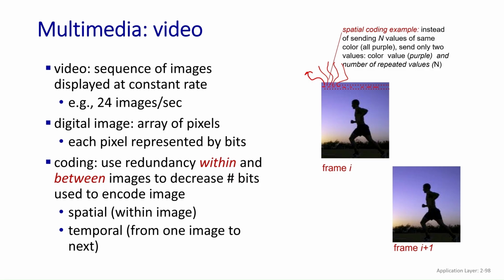Simple, right? So spatial encoding means what? This means that instead of sending or representing n values of the same color, right? In all these pixels I have the same values, the same color, so I do not need to represent each pixel value with n number of bits, right? Instead of sending n values of the same color, all purple, I will only send two values. One is the color value, which is purple, and the other is the number of repeated values.